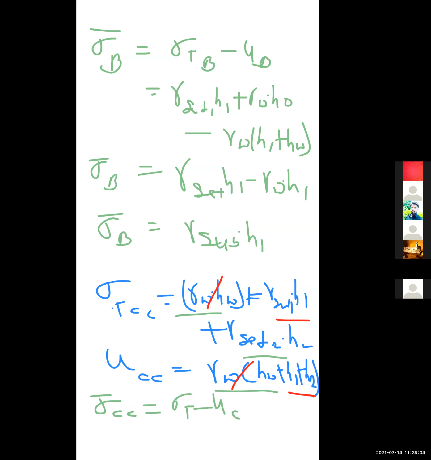So effective stress at C equals gamma submerged 1 into H1 plus gamma submerged 2 into H2. Okay, this is the final answer. Clear to everyone? So write a question.